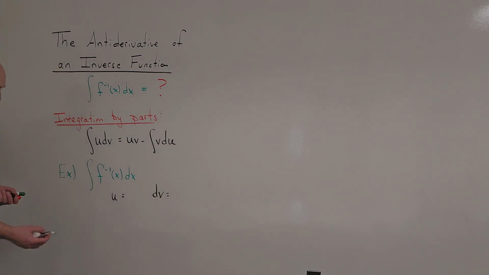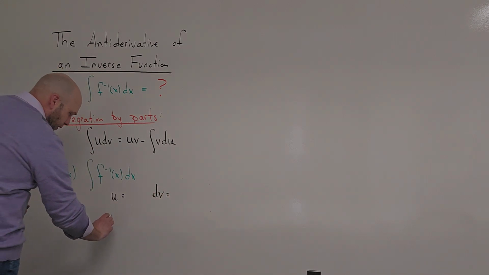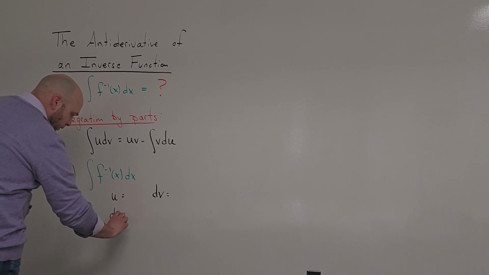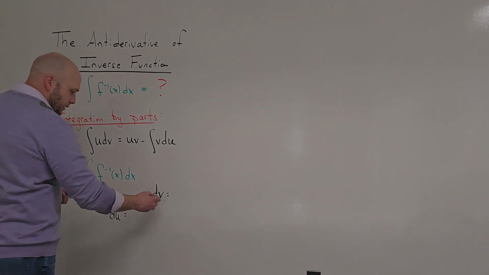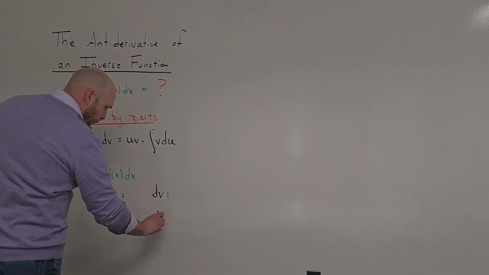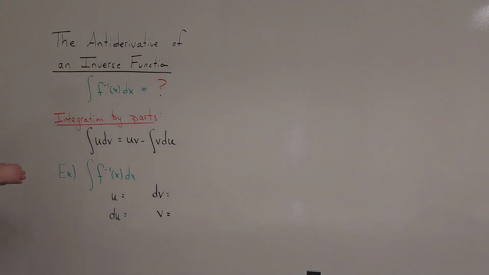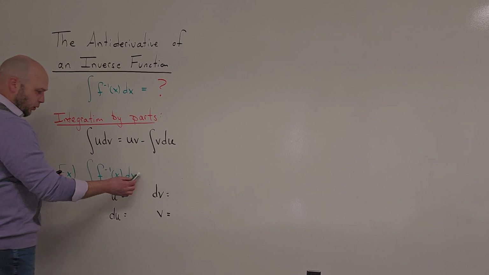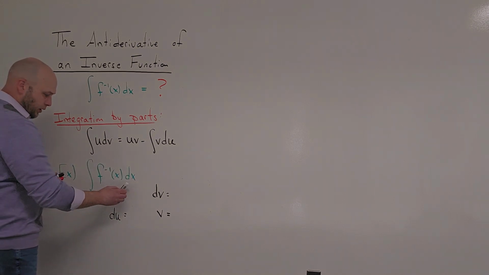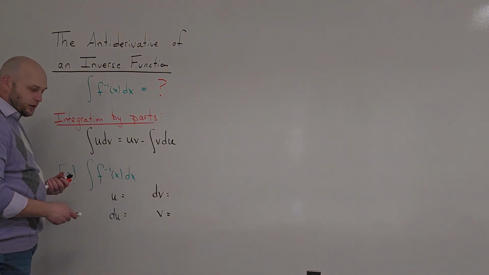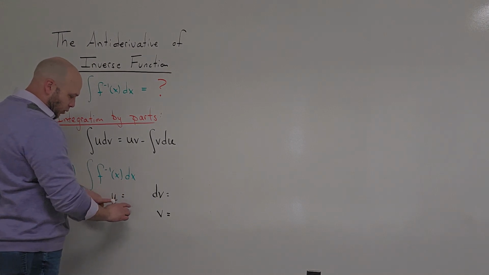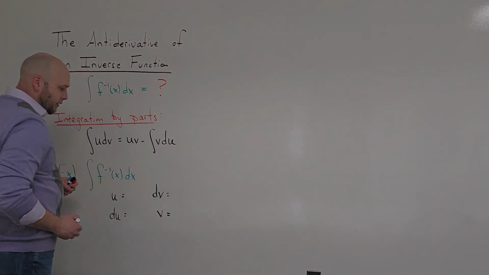Once I find those, I can differentiate to find du, and then I can take the antiderivative of dv, which will give me v. As a reminder, u dv incorporates the function expression, in other words, the integrand along with the differential. So that all has to be incorporated, the product of u and dv.